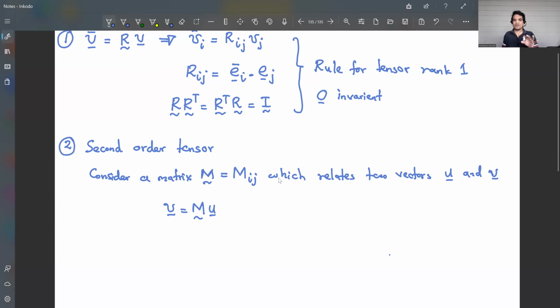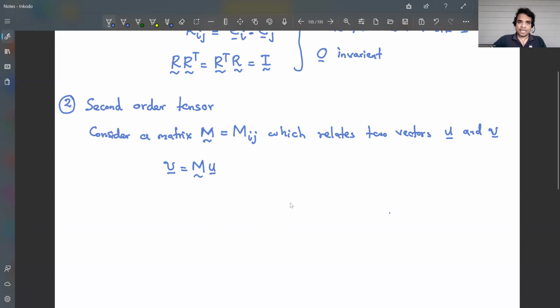Now, I define a matrix which relates two vectors in one particular coordinate system, so both vectors are now in the unbar coordinate system. This matrix connects both vectors. Matrix is a transformation. You can connect two vectors using the matrix, because matrix into vector is actually a vector.